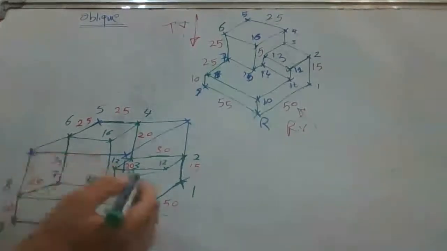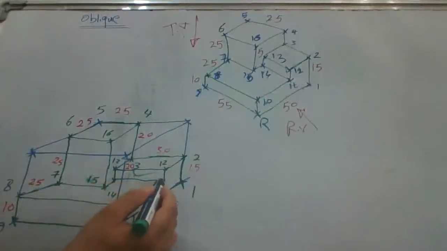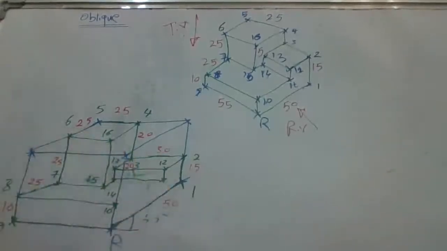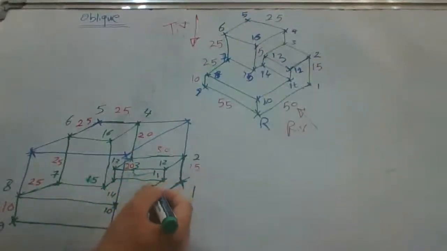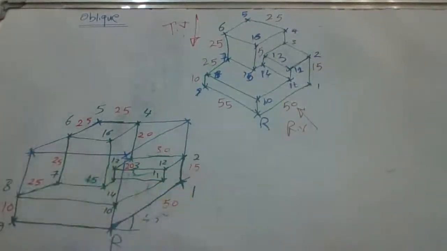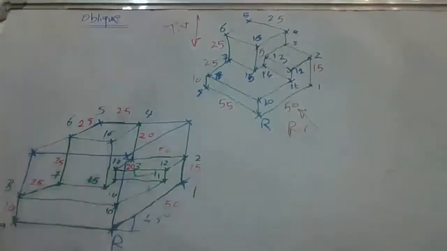And from 12 to 11, 5 centimeter here. We can get 11. Now 11 with 10. Okay, see here we can find the shape like what we drew here.